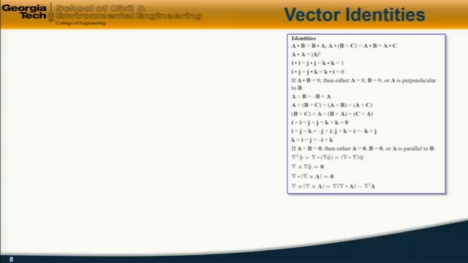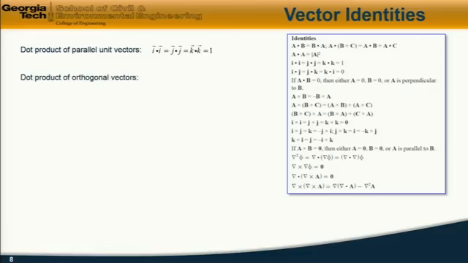There are a number of vector identities which are summarized and listed in the handbook which I've given here, and just to repeat some of those, the dot product of parallel unit vectors, i dot i, j dot j, etc., is equal to 1. But the dot product of orthogonal vectors, or vectors which are perpendicular to each other, is 0.